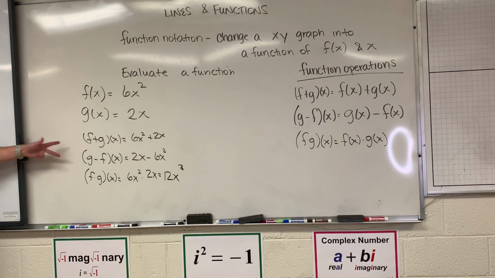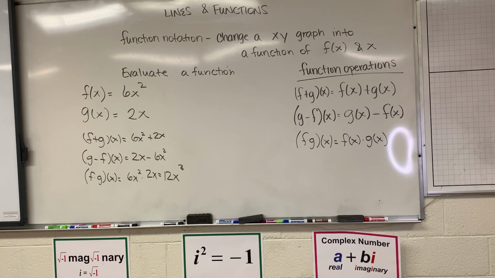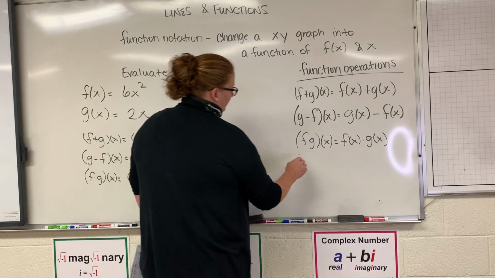Now, if you're able on these to combine like terms or anything, of course do that. You can't. But this one, multiplication, I was able to go further, simplifying. So I have 12x cubed. Okay, division.